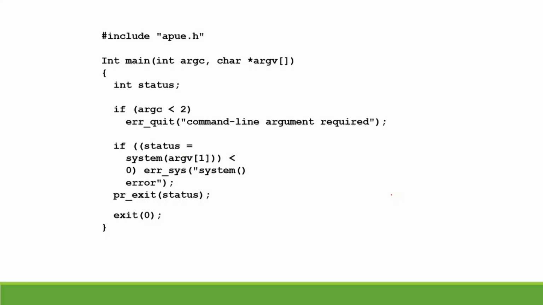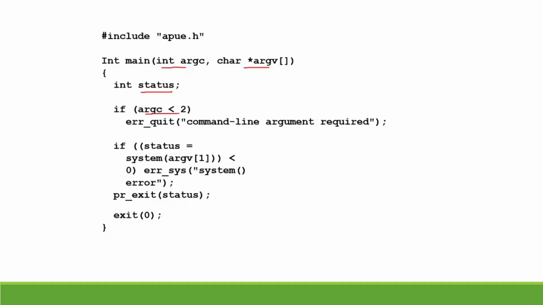This is another program where we pass the command in the command line argument. The command that needs to be executed is passed in the command line argument while executing this program. Again, status.